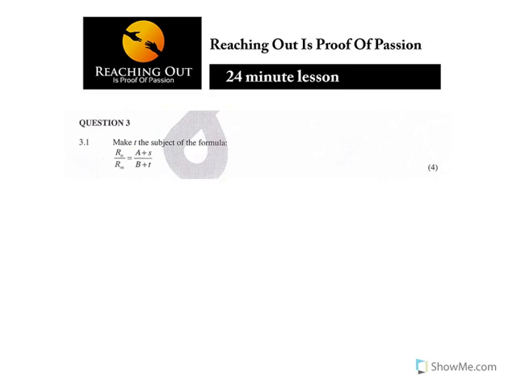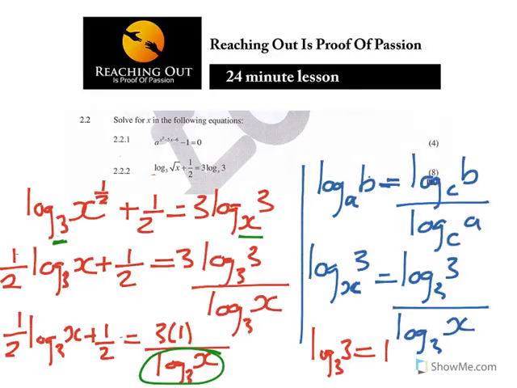So if I can just clear this up, what am I going to have? I'm multiplying everything by log base 3 of x. So if you take it from here, I'll be using a different pen for log base 3 of x, because that's what I'm using to multiply.